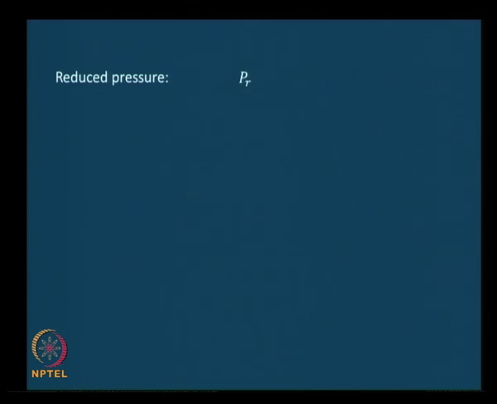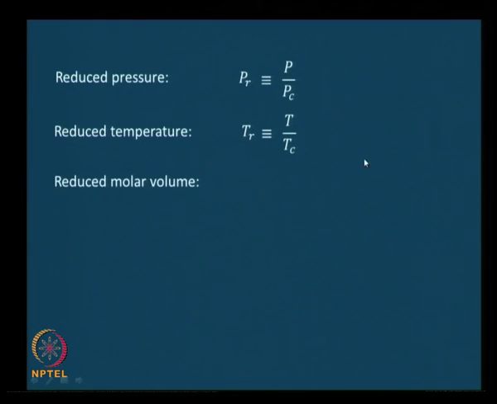Reduced pressure, represented as PR, is defined as the actual pressure to the critical pressure. Reduced temperature we already saw, TR is defined as the actual temperature to the critical temperature, and reduced molar volume, represented as VR, is defined as V, the actual molar volume, divided by the critical molar volume.